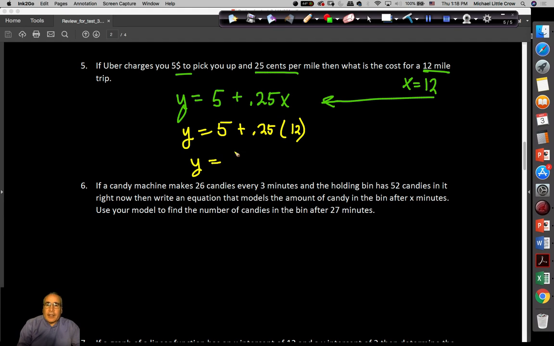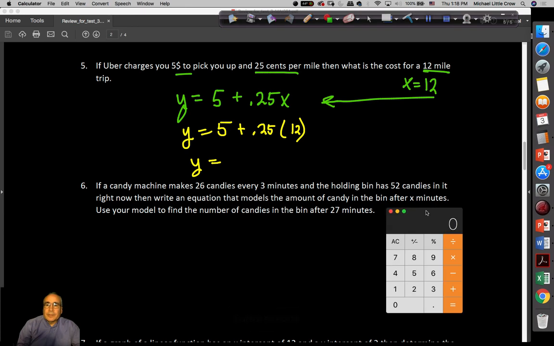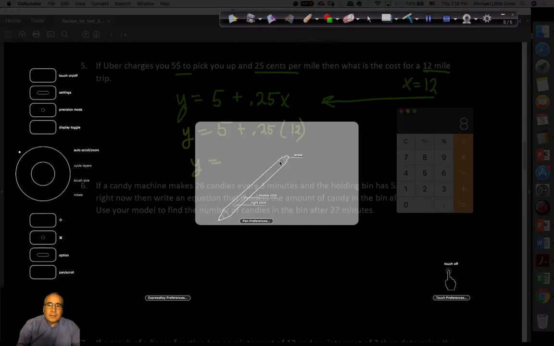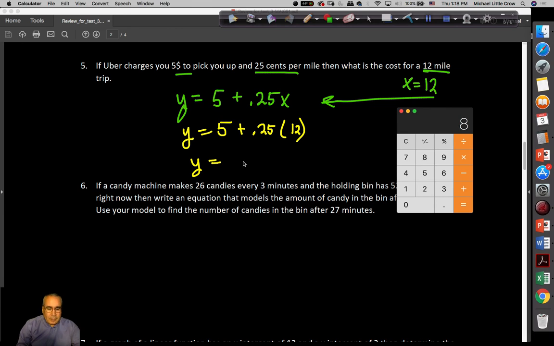We're going to find that the cost is $8. Remember, on the test itself, it'll be multiple choice, so you just have to circle the correct answers. You just need to know how to do them.